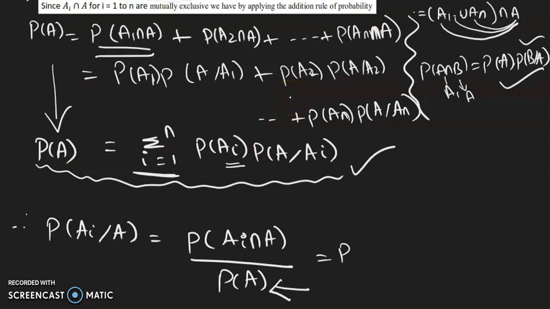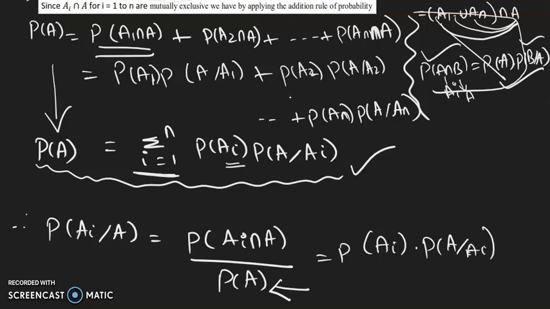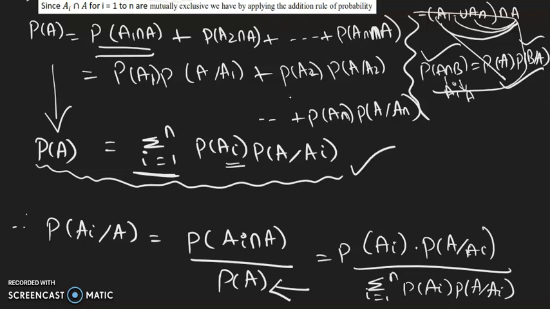I am going to use the formula P of A intersection B is equal to P of A into P of B given A. So in the place of A, I have Ai now: P of Ai into P of A given Ai, divided by P of A. For P of A, whatever summation I have written, I will just substitute: summation i is equal to 1 to n P of Ai into P of A given Ai. This is what we have to prove.